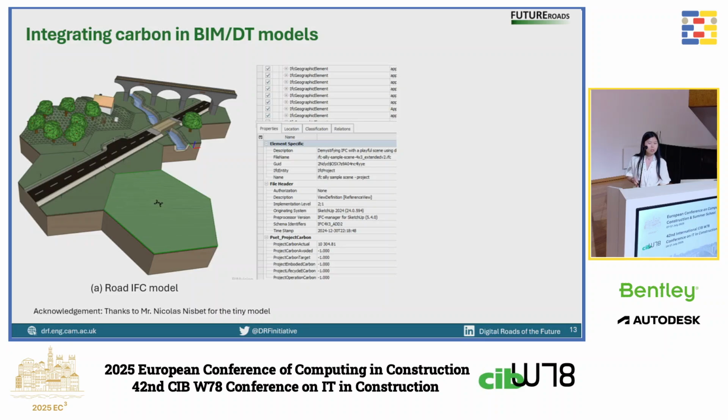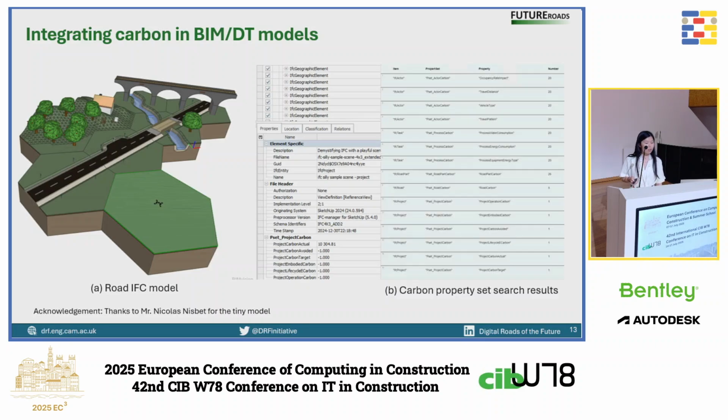And we did the test based on a very small road IFC model that was provided to us by Mr. Nicholas Nibisset. We tested that by including those different carbon-relevant data in it, and doing a query of how much emission it would have.